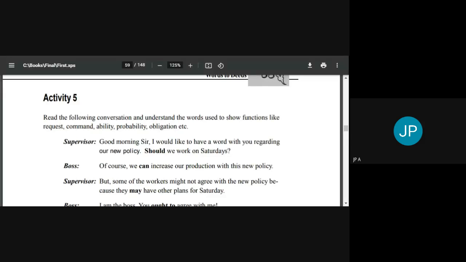We mentioned that there can be different social functions like request, command, ability, obligation, etc. If you look at these different social functions, it is not required that we need different words to indicate different social functions. The same word can have different functions in different situations. I will give an example.